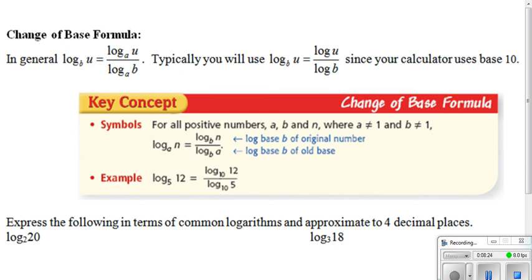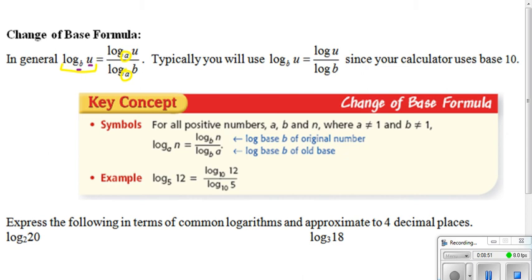So, general form of the change of base formula. If we are ever given log base b of u, well, we can say that it's the same as log base a of u over log base a of b, for any number that we pick for a. Again, that's assuming u and b were already given to us.